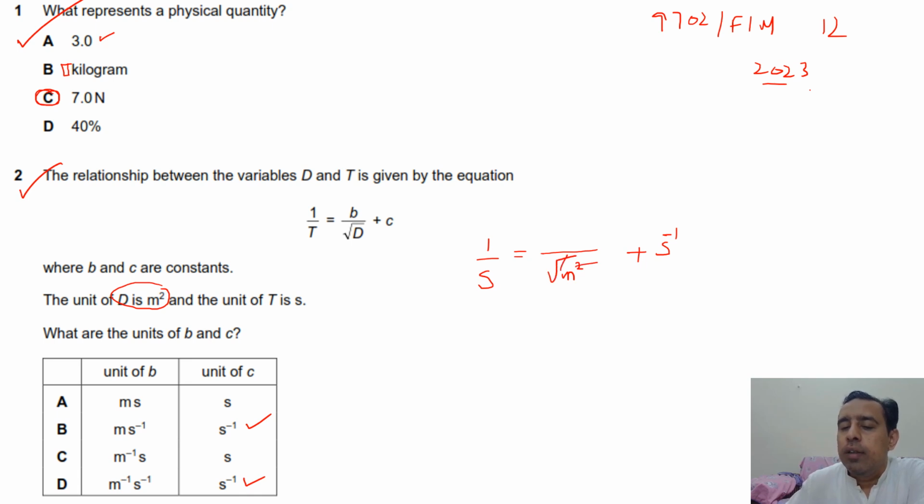So the unit at the top must be a unit after subtracting from meter. It should be the second inverse. So in option B, if we put that unit m s inverse, m is cancelled with this m, so the second inverse is added with the second inverse, means option B is correct.